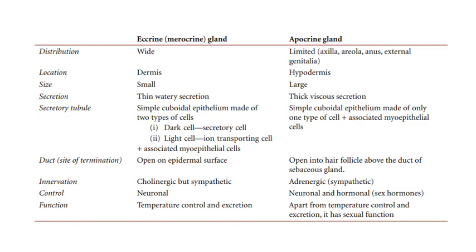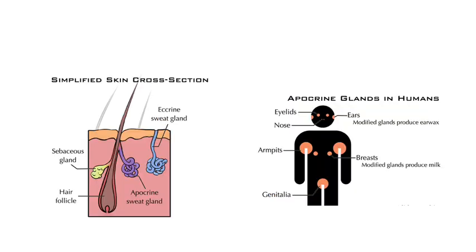The difference is written here, you can go through it, but the merocrine gland opens on the epidermal surface, whereas the apocrine gland opens just above the duct of the sebaceous gland into the hair follicle, so the secretion comes from there, and therefore it is slightly oily. And this is to show you where the apocrine, that is the oily secretion, occurs, we said.